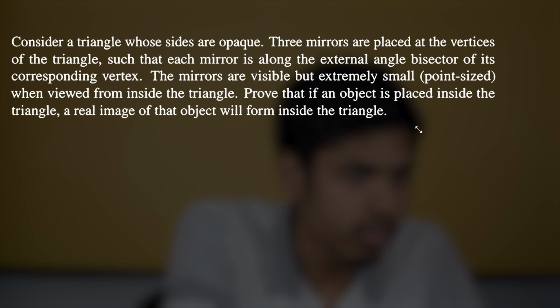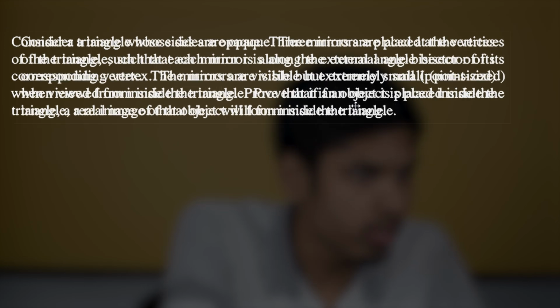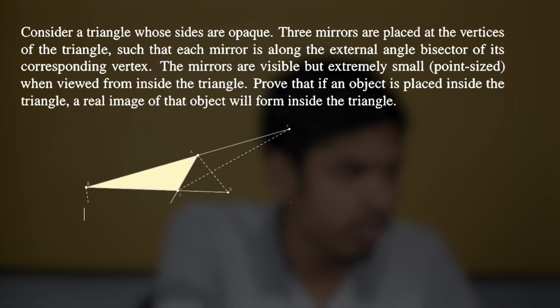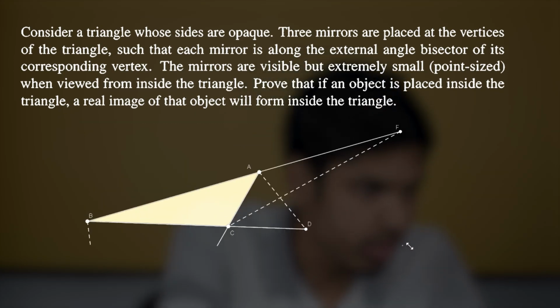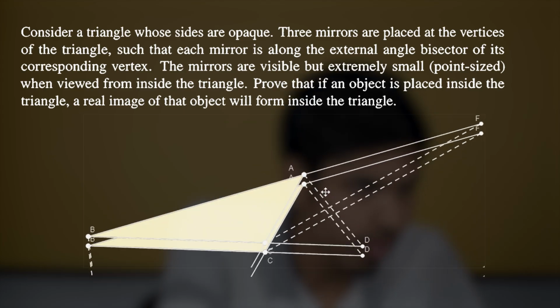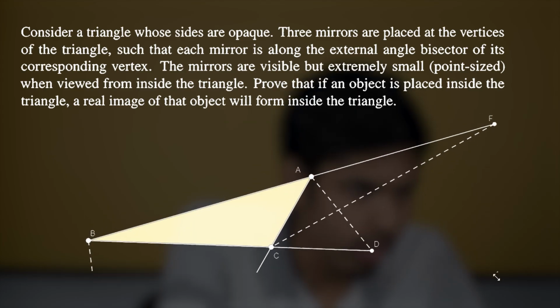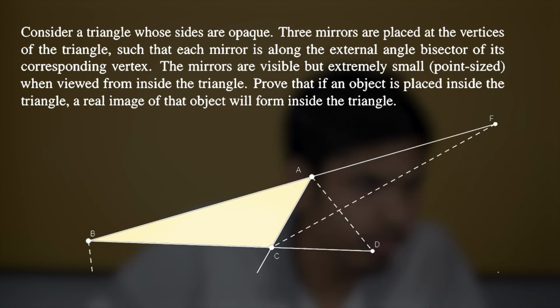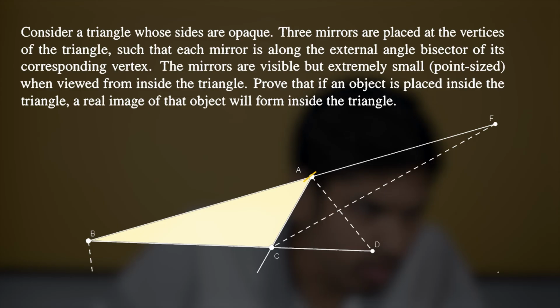So here is the question that gives you the actual statement. Let us consider the image of the question. You have a triangle, and as given, you have the mirrors placed facing the external angle bisector.